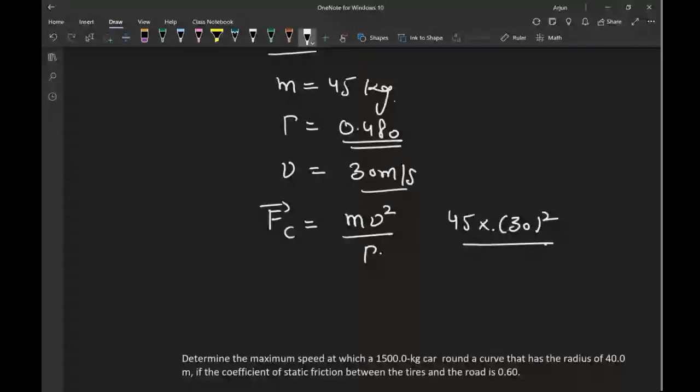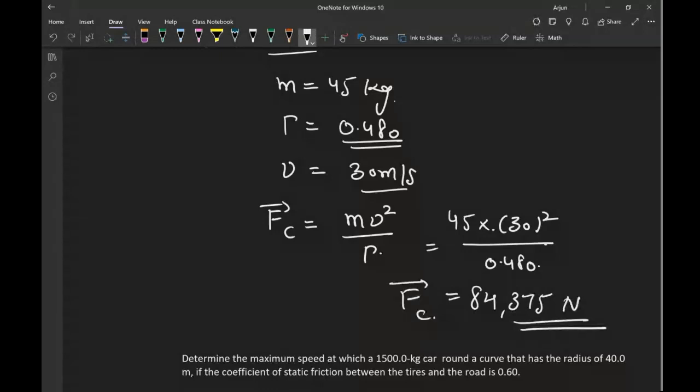It will come out to be 45 times 900 divided by 0.480, that is 84,375 newtons. The unit will be Newton, Fc, centripetal force.